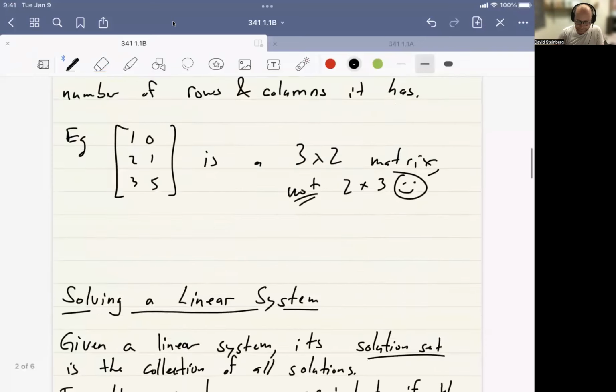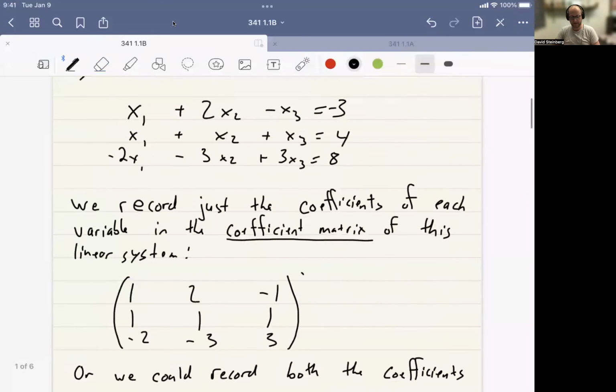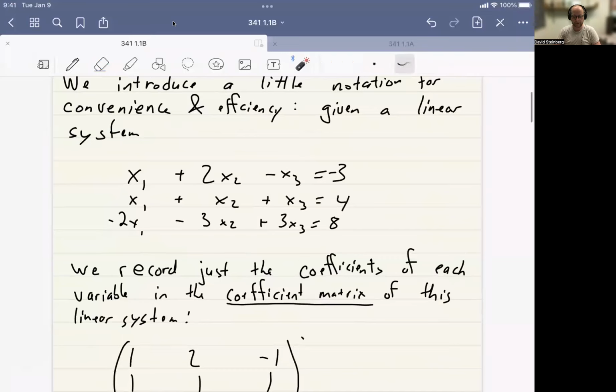All right. So the next thing to talk about is our first stab at solving a linear system. Given a linear system, its solution set is the collection of all possible solutions for the linear system. So again, up here we might have a bunch of different values for x1, x2, and x3 that we could plug in and make all 3 of these equations true.